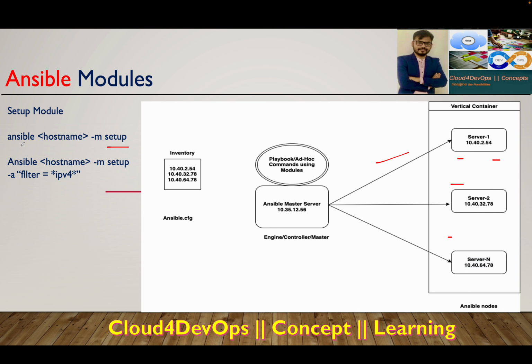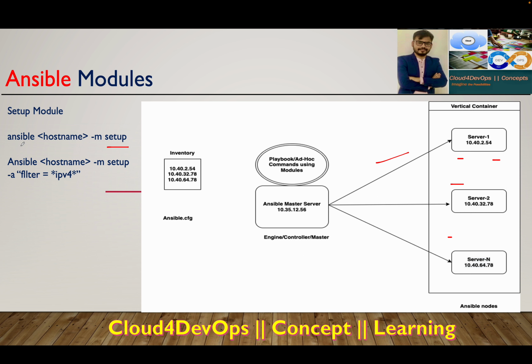When you send it with the help of a module, it will not, because modules are idempotent in nature. First it sends out a setup module to all the managed nodes to check and validate whether the package is already available or not, which is not the case with ad hoc commands. Ad hoc commands generally overwrite the package installation. So this is the important topic I wanted to cover regarding modules.